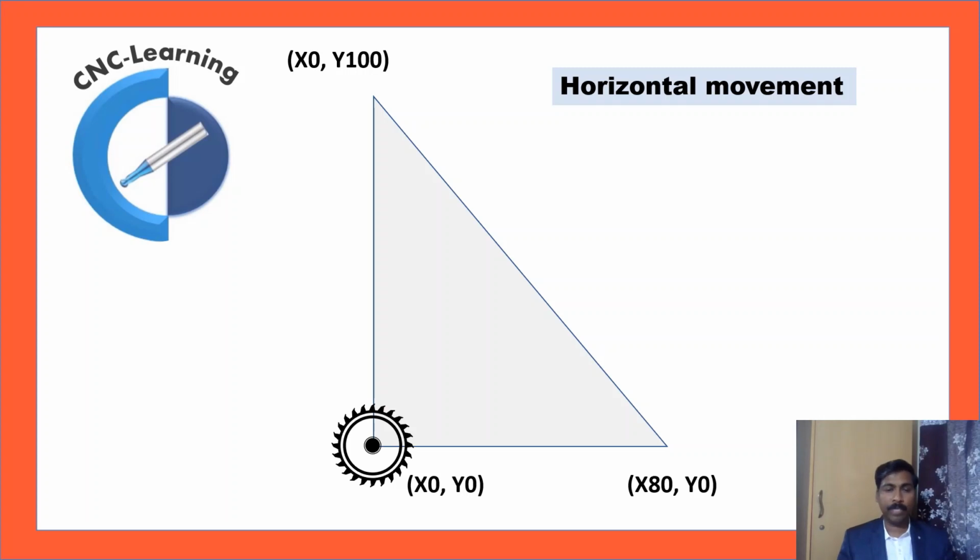In this line, the movement is only horizontal, so y is not changing, only x is changing. And in this line, x is not changing, only y is changing. So for horizontal movement, only the x coordinate will change. The tool will move from x0, y0 to x80, y0. So the program command would be G01 X80 F500. F is nothing but feed rate. So with this 500 mm per minute feed rate, this axis will move.